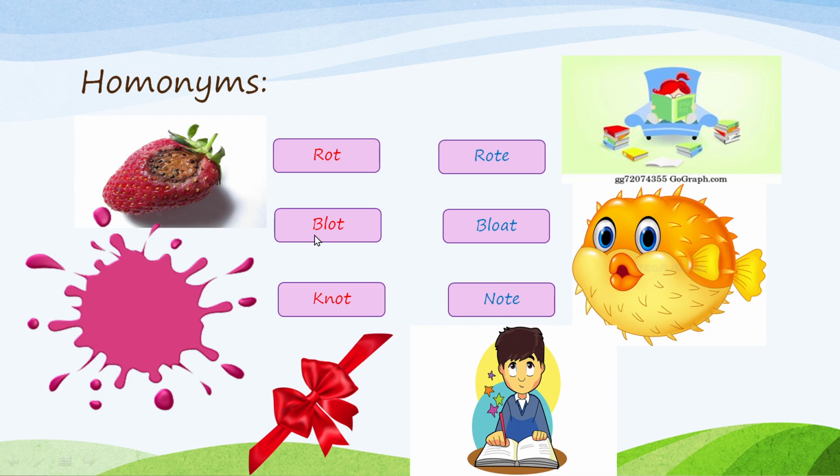Blot is a dark mark or stain made by ink, paint or dirt. And when you say B-L-O-A-T, bloat, it means to swell with fluid or gas. As you can see, this fish is totally swollen, maybe with water.